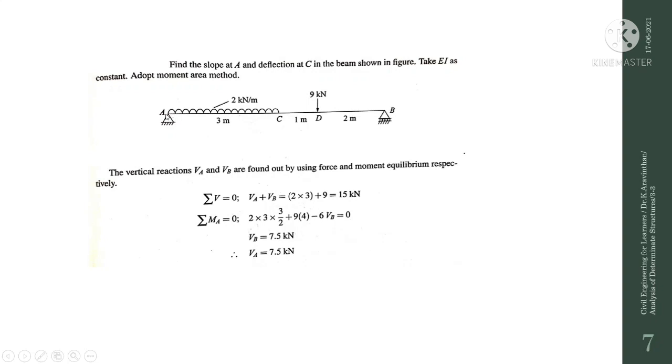And if you take moment at A, RB into distance 6 will be anti-clockwise, so minus RB into 6. 9 into the distance 4 is 9 into 4, which is clockwise. And for this UDL, load into distance by 2, so 2 into 3 into 3 by 2. This is the moment at the point A.